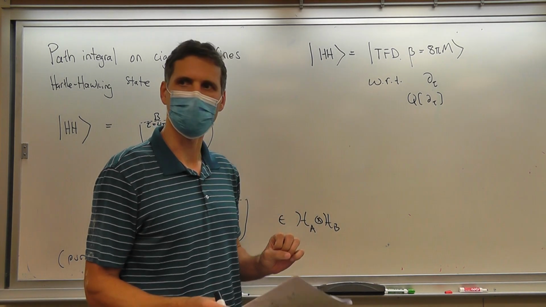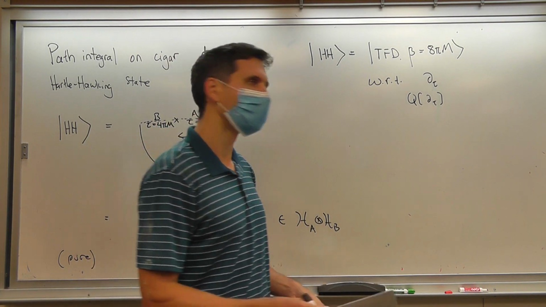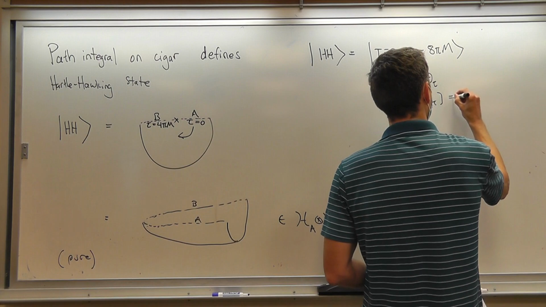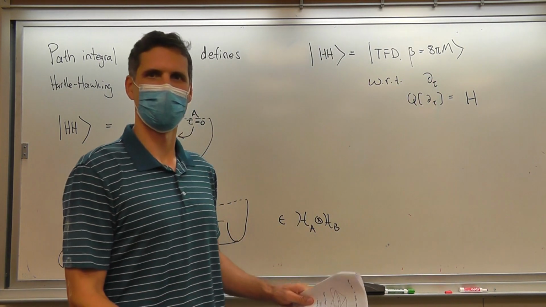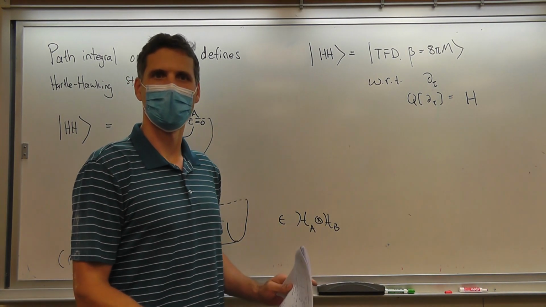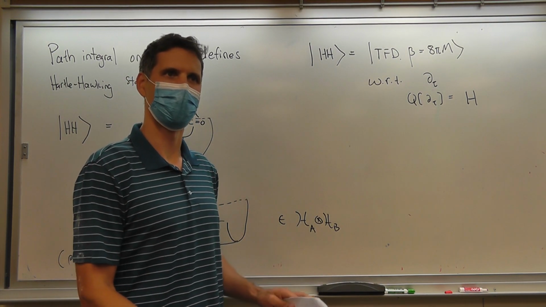The conserved charge associated to tau translations is the ordinary Hamiltonian, because tau is just Euclidean time.